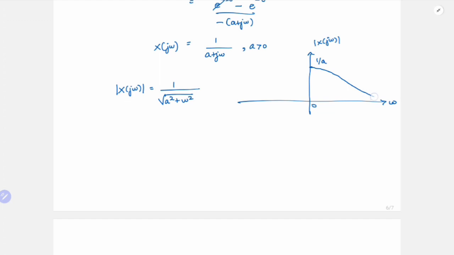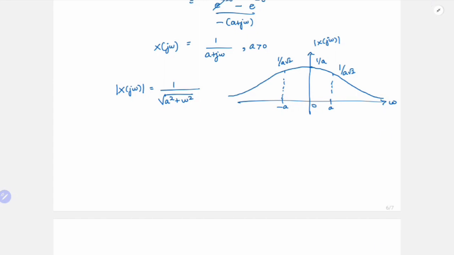So it goes to 0 like this. And what happens at omega equal to a? Say this is a and minus a. They are symmetric, because it is omega square. So at a, it becomes 1 by a root 2. So this is our magnitude spectrum.